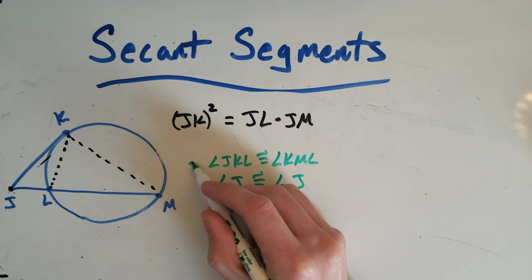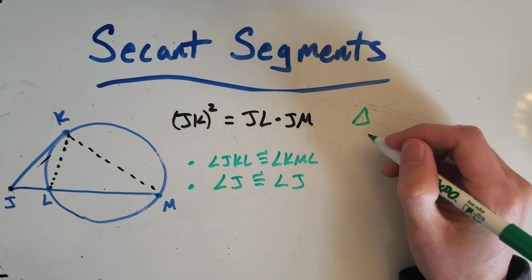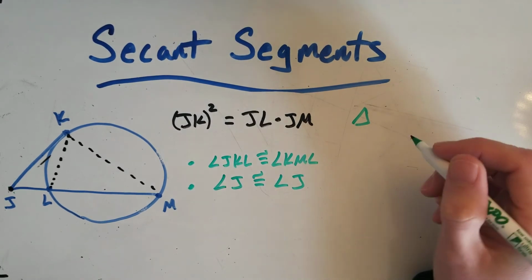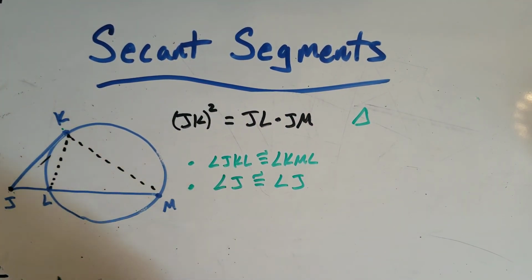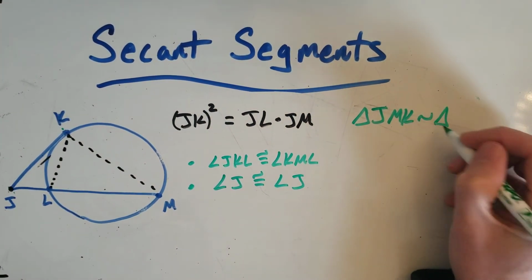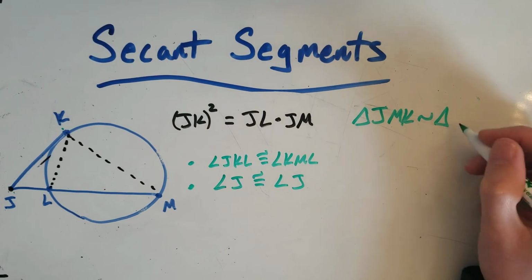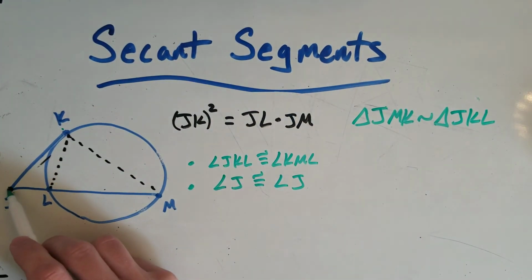So from these two, we should have angle-angle similarity somewhere. So let's match up what we have angle-angle similarity with. So triangle JMK is going to be similar with triangle JKL.